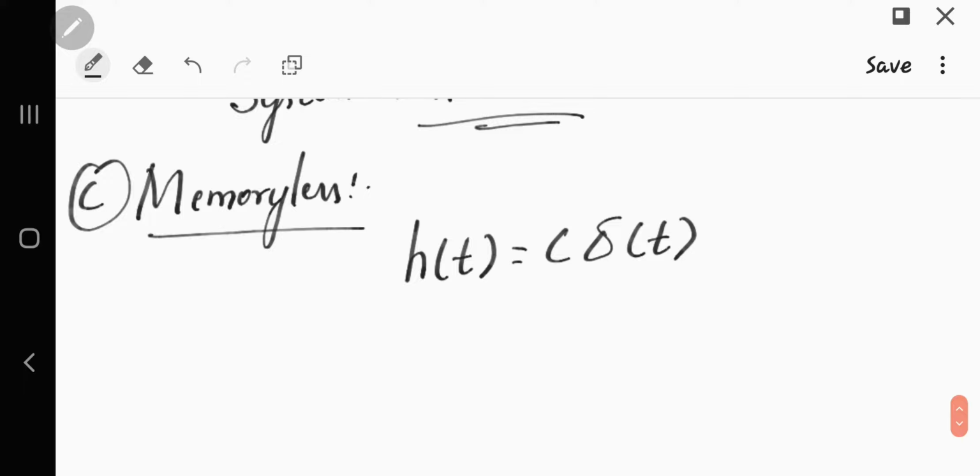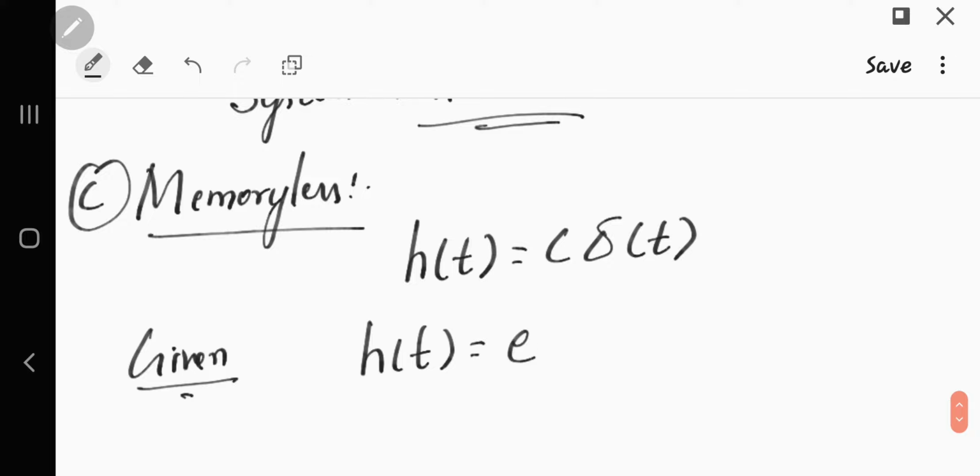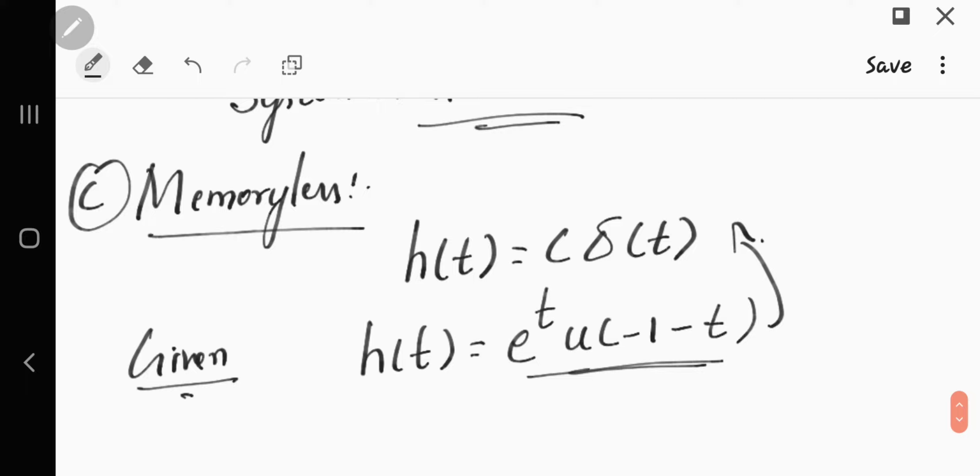If this condition is satisfied, then the system is said to be memoryless. What is the given response? h of t is equal to e to the power of t u of (-1 minus t). Now you can compare both expressions. This impulse response is not in this form.